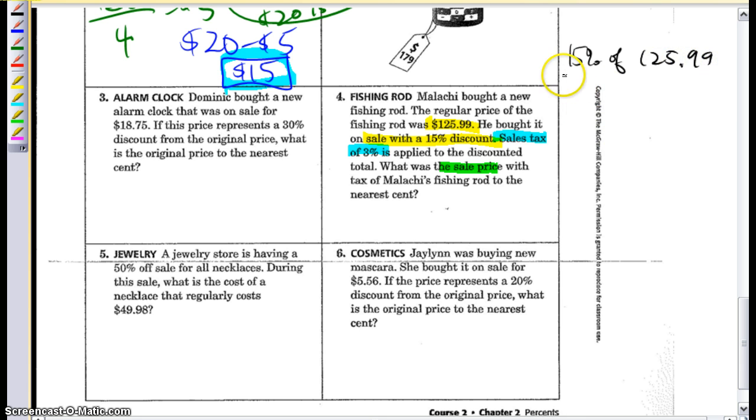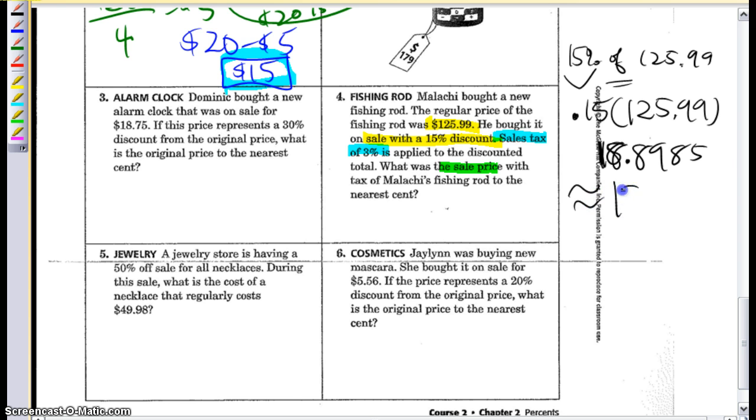We take 15% as a decimal, 0.15. Of means multiply, so I'm going to multiply by $125.99 in my calculator. I got 18.8985.